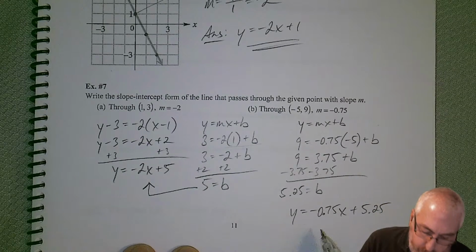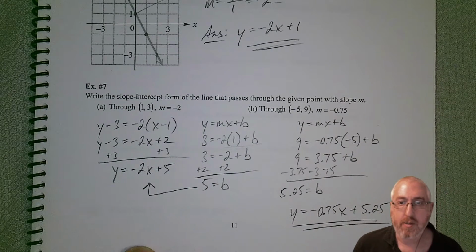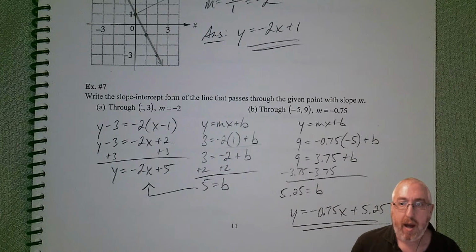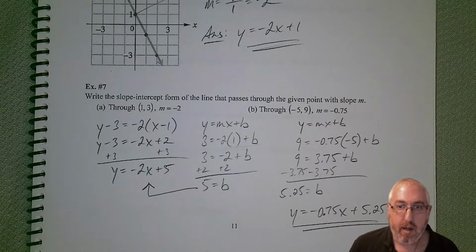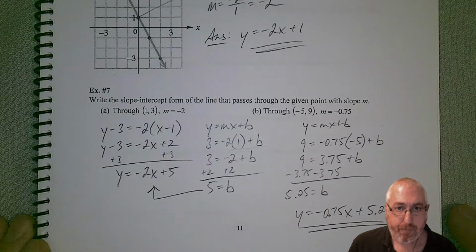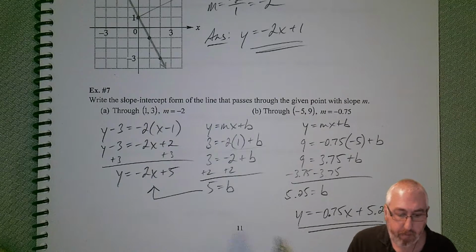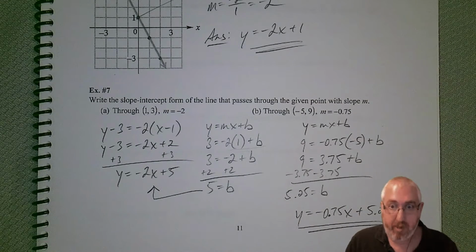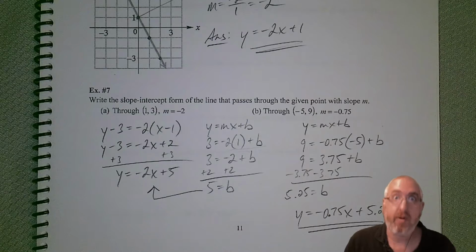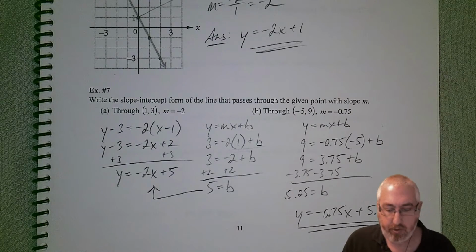And so there's your answer. So not anything too drastic, but you want to just be careful. Make sure you complete the whole process. If they want an equation, make sure your final answer is an equation.